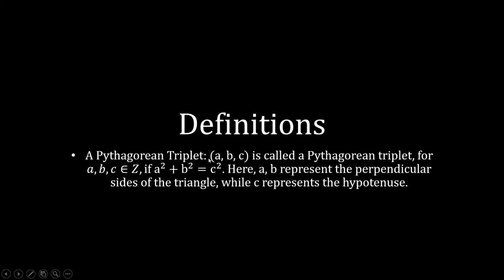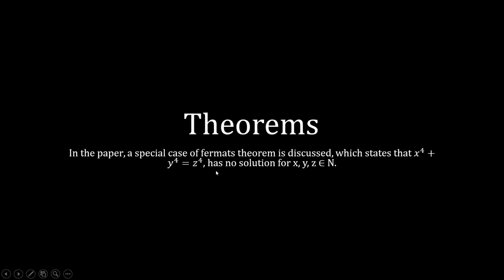Now the definitions. A, B, C is called a Pythagorean triplet for A, B, C belonging to integers if A squared plus B squared equals C squared. Here A and B represent the perpendicular sides of the triangle while C represents the hypotenuse.